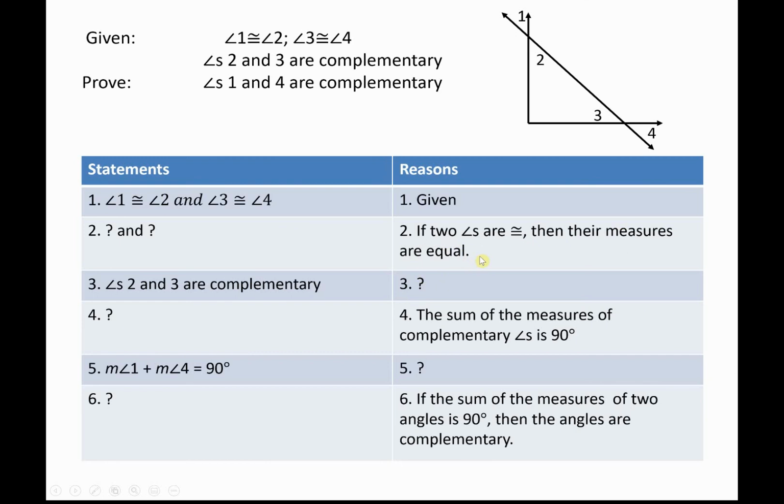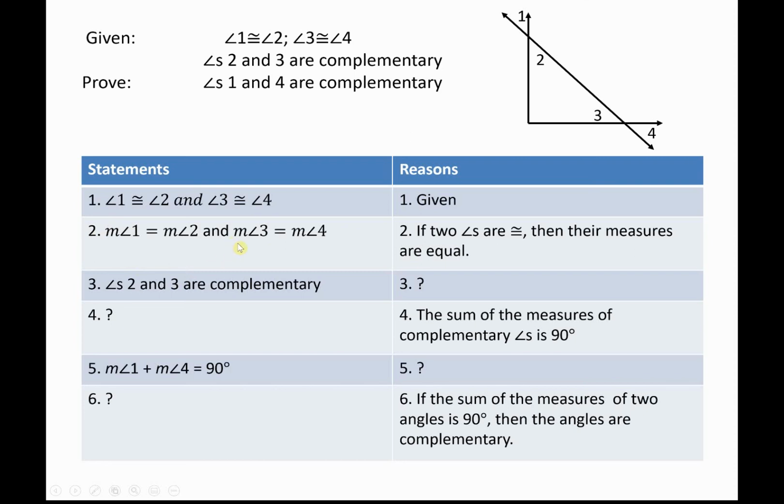That's what you will want to strive to do every single time. If you rely on just saying definition of congruent angles, you run the risk of using a term erroneously in regard to justifying a statement. Okay, so anyway, if two angles are congruent, then their measures are equal. Then it seems to me like I'm going to take these congruent angle statements and rewrite them as equal measure statements. Okay, so that would be the correct statement for number 2 there.